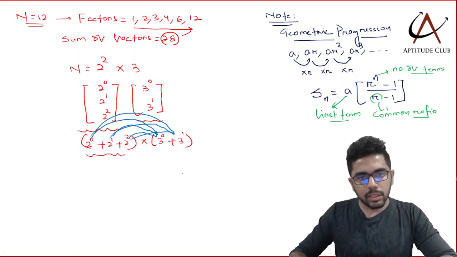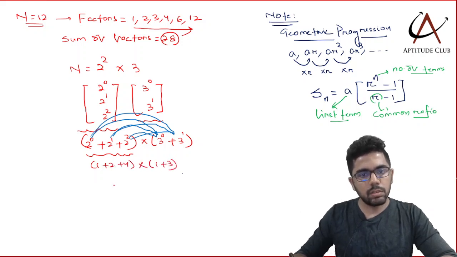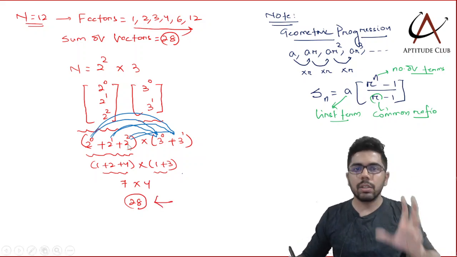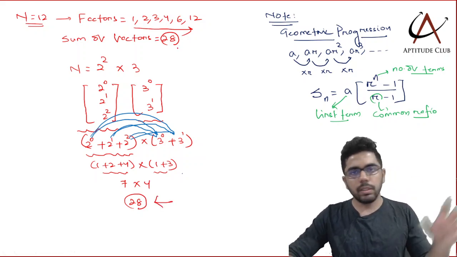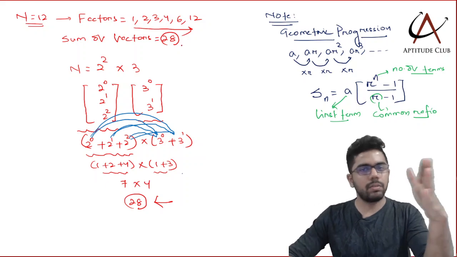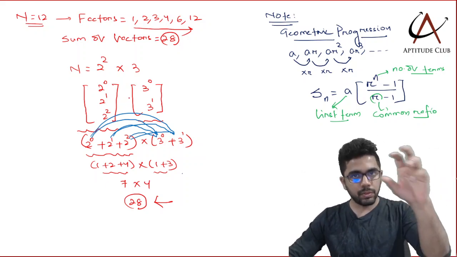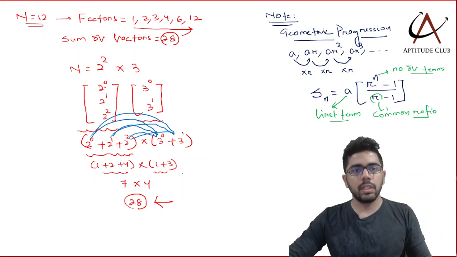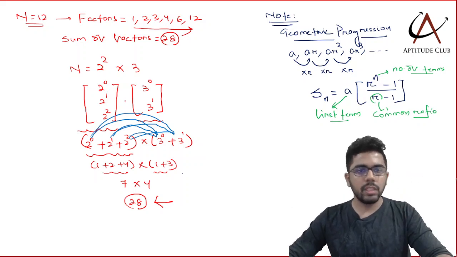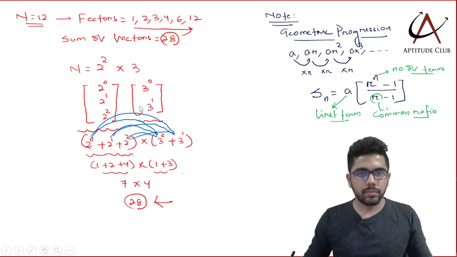So if I add these values, I get 1 plus 2 plus 4 into 1 plus 3. So you get 7 into 4, you get 28. So sum of factors ऐसे भी calculate कर सकते हैं. एक तो हुआ, you calculate individually get all the factors then add them, or I can add the powers, जो different forms of the prime number है, different prime powers, उसको individually add करके then I can multiply.